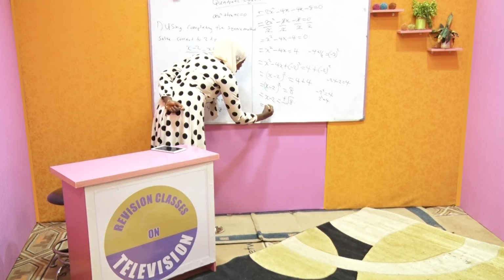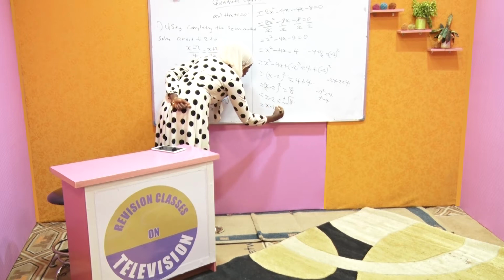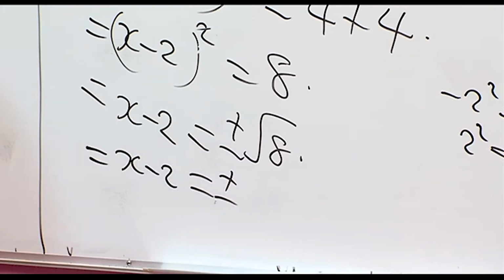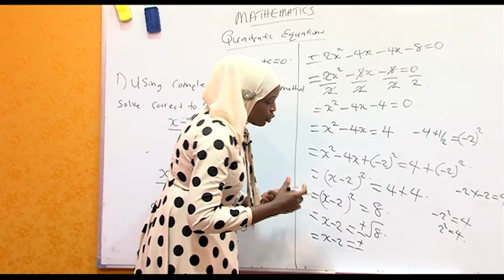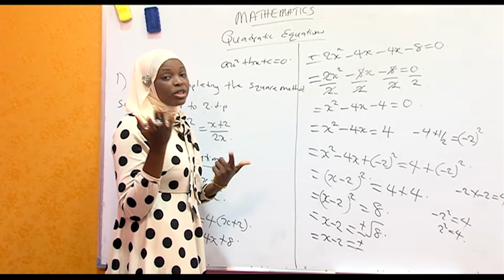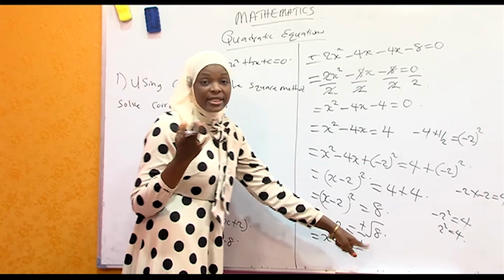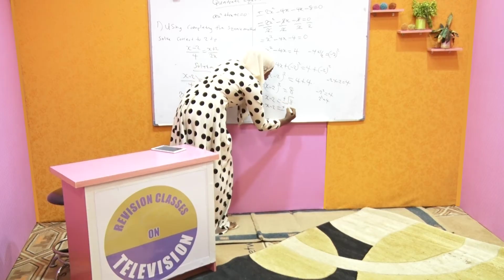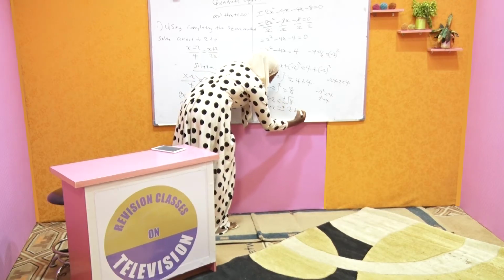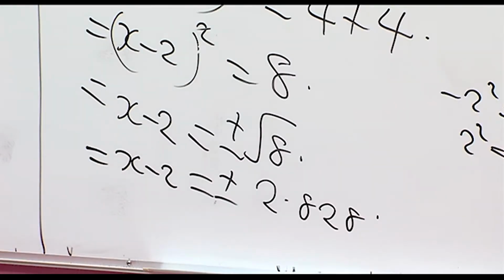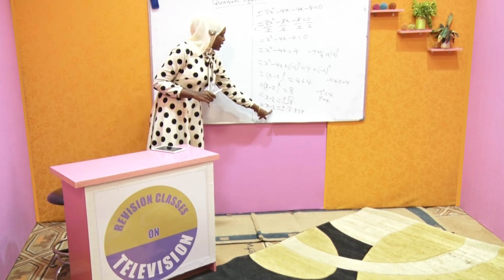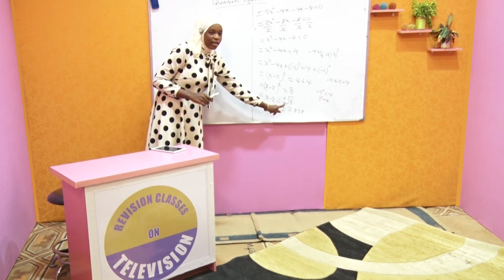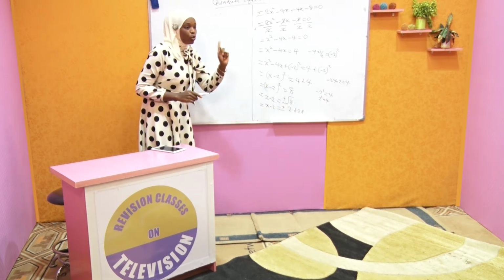Solving x minus 2 equals plus or minus the square root of 8 should give you something close to 3, but not up to 3, because we know the closest perfect square to 8 is 9. So we have 2.828. Proceeding, so taking minus 2 to this other side, minus 2 we turn to plus 2.